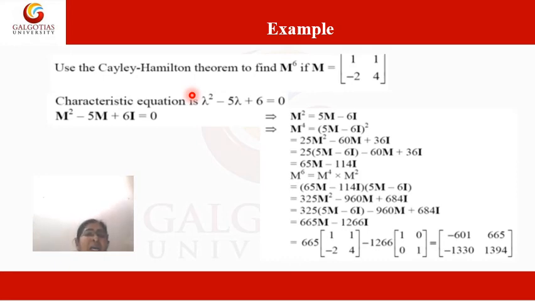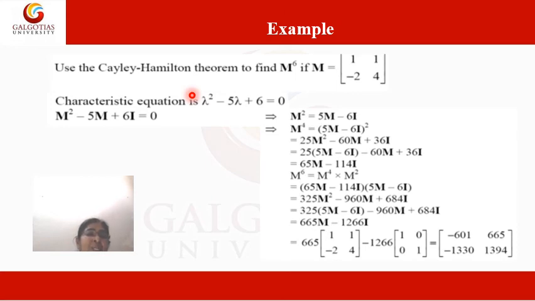Now again I have to find M^6. So M^6 is M^4 into M^2. Substituting M^4 as 65M - 114I multiplied by 5M - 6I, on solving it I will get 325M^2 - 960M + 684I.